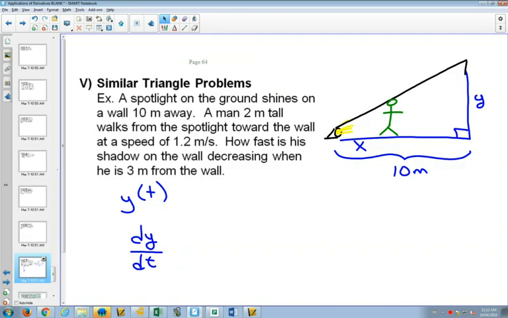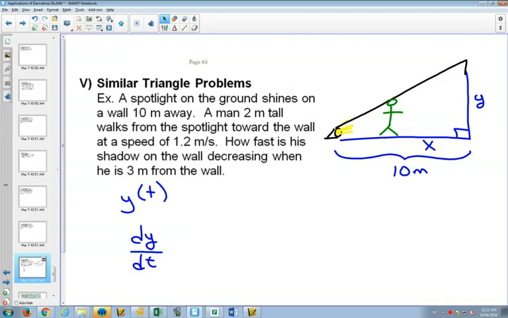Now, looking at this question, I see in the end it says, how fast is his shadow decreasing when he is 3 meters from the wall? So they're talking about this distance being 3 meters. So I might put x there, just so that later on when I need to plug in x, I can plug in x equals 3 at that point.